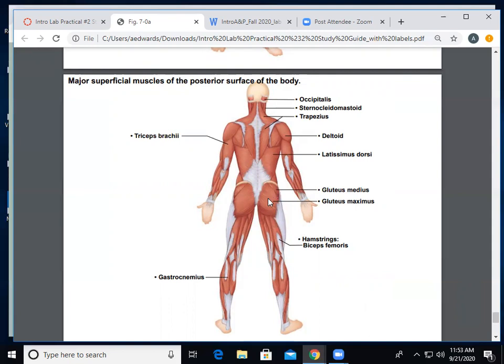All right. So obviously, these are your gluteal muscles. Smaller muscle, gluteus medius. Larger muscle, the gluteus maximus. Okay, in the back, the posterior surface of the leg, we have the hamstring muscles. Specifically, this muscle is biceps femoris.